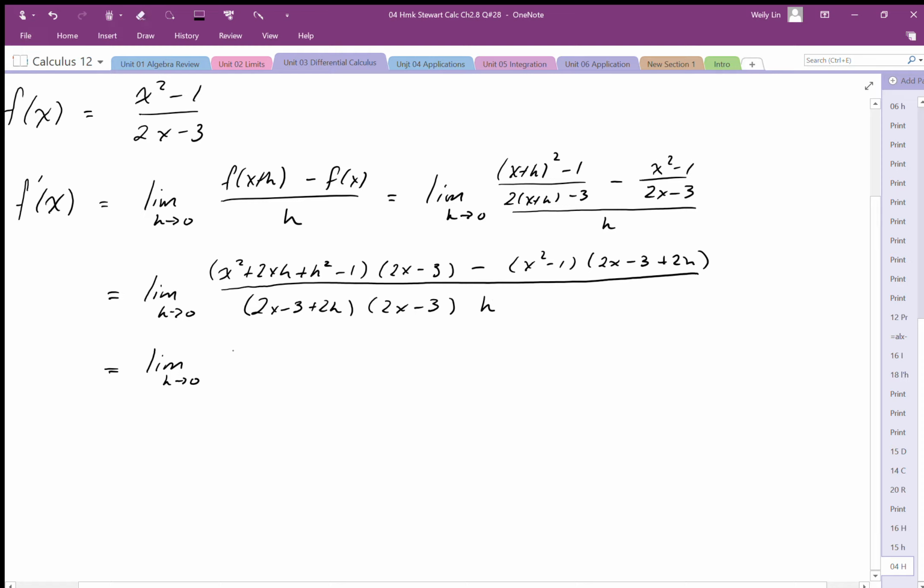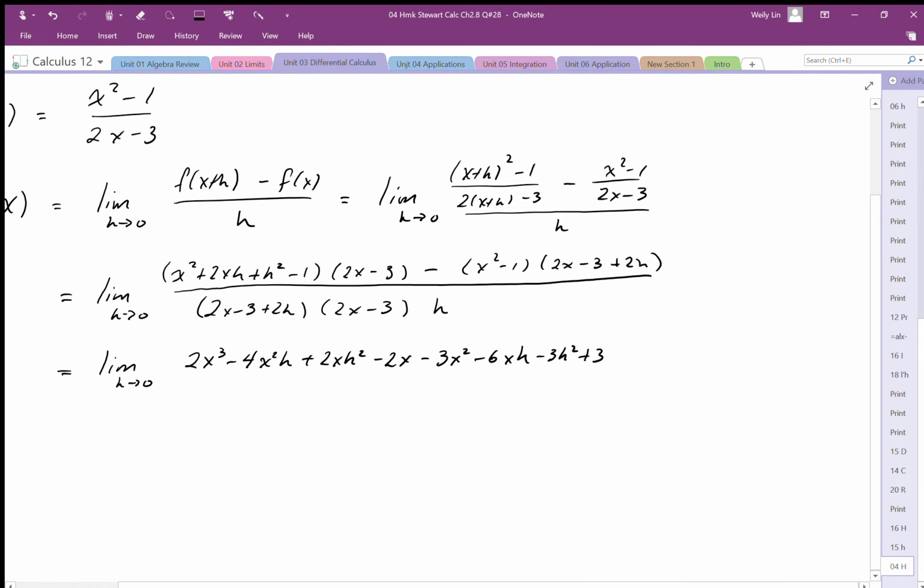So we end up multiplying this out, 2x cubed minus 4x squared h plus 2xh squared minus 2x, and then multiply everything by negative 3, so we get negative 3x squared minus 6xh minus 3h squared plus 3.